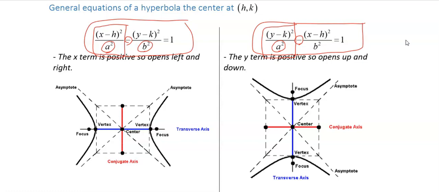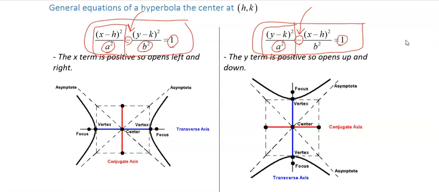And a squared is not necessarily the larger number now. In fact, it's quite possible that a squared and b squared could even be the same number. But that doesn't mean it's a circle now. All right? And it's certainly not an ellipse. The defining thing from your equation that tells you it's a hyperbola, look, is that sign right in the middle, that minus. And that's the difference. Notice they're both equal to 1, by the way.